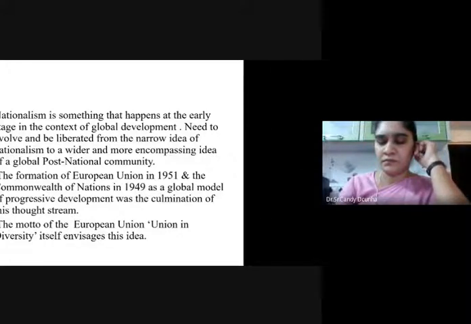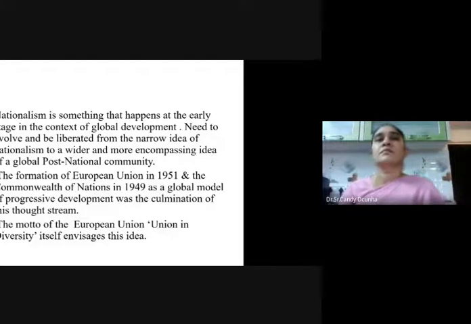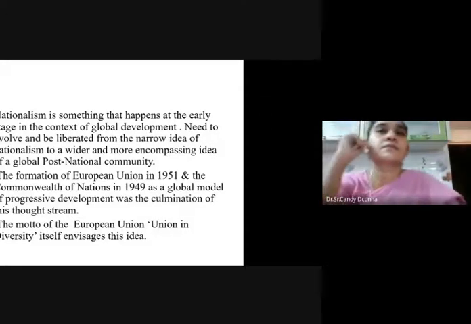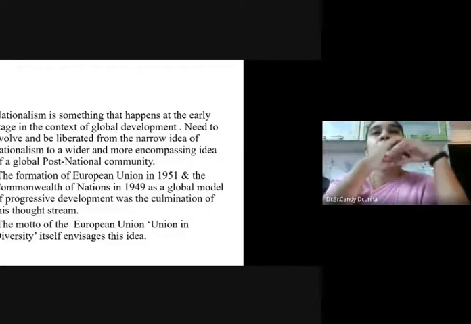I have cited two examples: the European Union and the Commonwealth nations. India, of course, is a member of the Commonwealth nations, and the European Union was formed in 1951. And Brexit, for example, the idea of Britain exiting from the European Union, is not simply a political phenomenon, it had its economic aspect also.